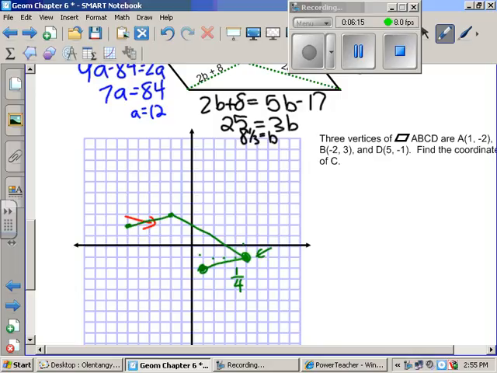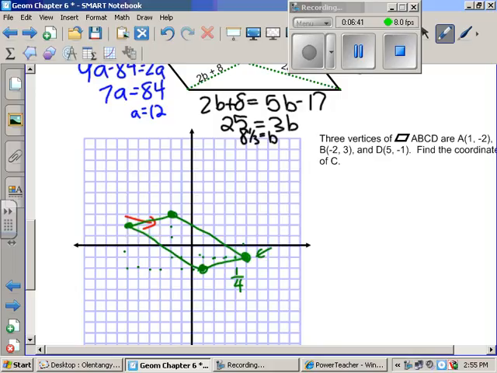So my one line will be here, and now I have my fourth vertex, but just to check, I know that to get from this point to this point, I go down 1, 2, 3, 4, and over 1, 2, 3, 4, 5, 6, 7. And that puts me there.